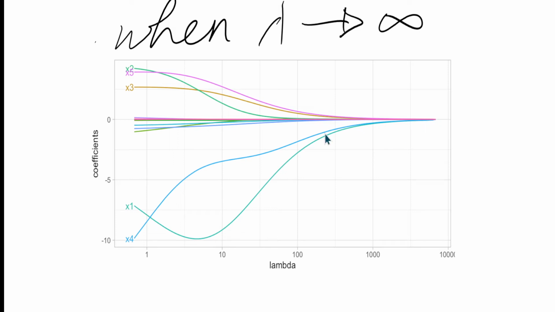It's pushed toward 0, but it will not touch it at any point, even at infinity. It's simply approaching it, getting closer and closer, but it will not really touch it.